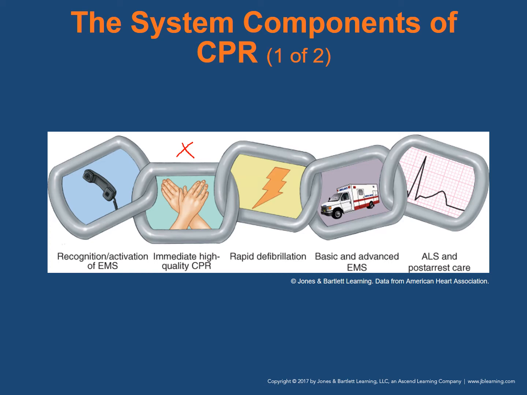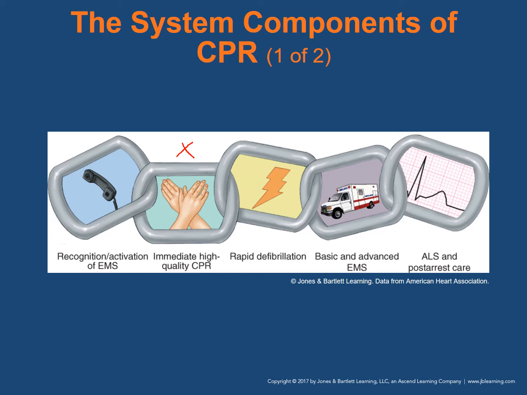So some of that oxygen is already provided for us, and it's just sitting around dormant in the bloodstream, not moving due to their lack of a heartbeat. That's why we start with chest compressions immediately, because we can use some of that oxygen already in the bloodstream to circulate it to the heart and the brain to give us an even better chance of preserving cerebral tissue and myocardial tissue.